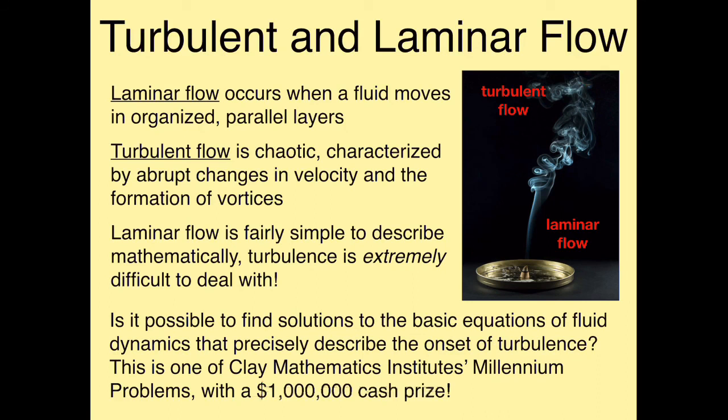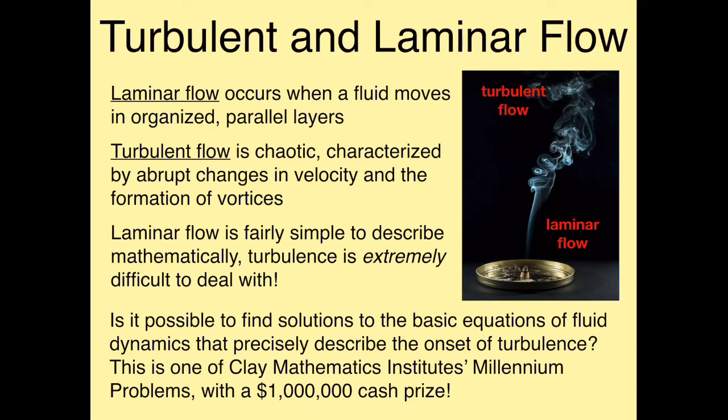The equations that describe laminar flow are manageable. We can definitely deal with them. Turbulence is extremely difficult. And actually, to this day, we still don't fully understand how turbulence works. There's a lot we know about this, but there are still a lot of open questions as far as turbulence is concerned. So it's not something that's fully understood.